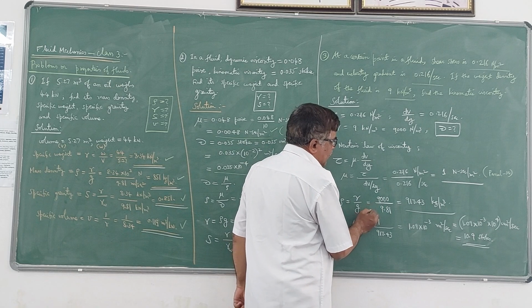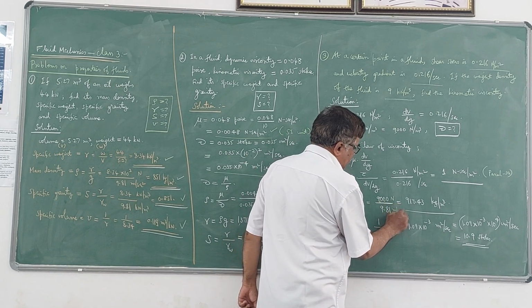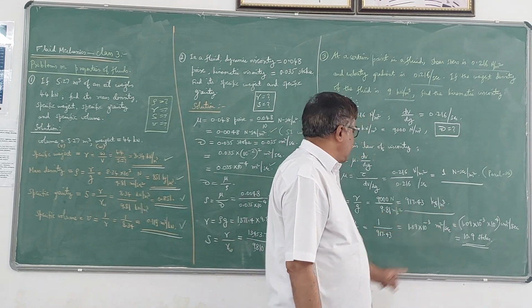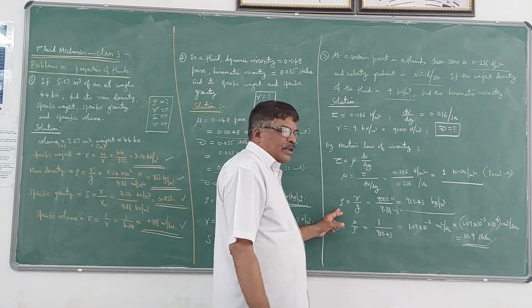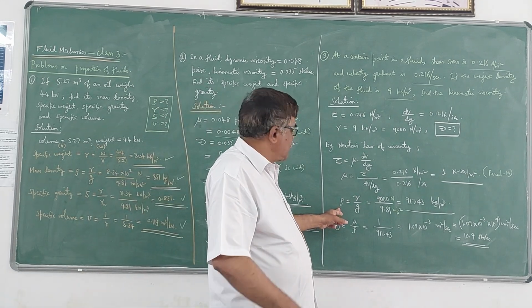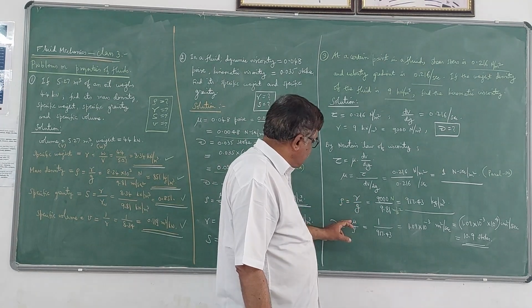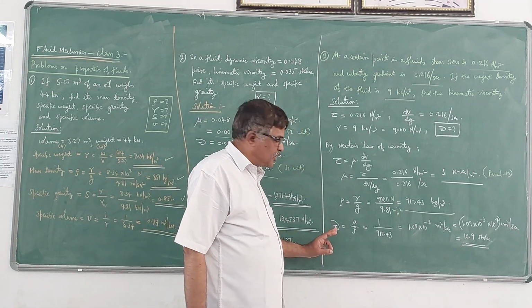So that becomes 9,000 Newton divided by 9.81 meter per second square. So you will be getting, in terms of kg per meter cube, 917.43 kg per meter cube, which is the mass density or the specific mass of the fluid. When the dynamic viscosity is divided by the specific mass, you are going to get the kinematic viscosity nu.